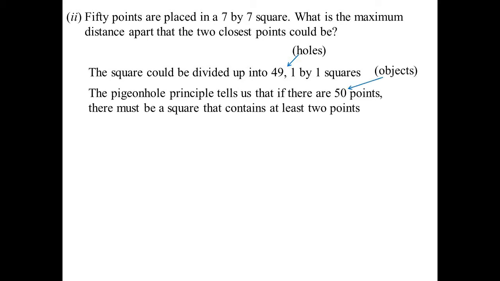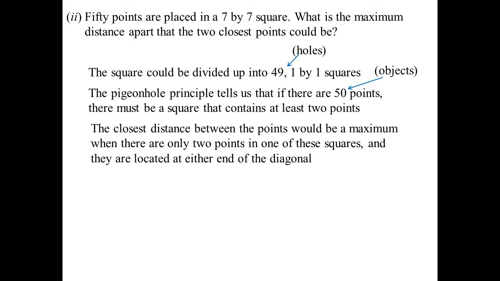We've got 50 points, and the pigeonhole principle tells us that there must be a square that contains at least 2 points. Because I could put one in every square, I've got one left over, and it's got to go in one of the holes. So the 2 closest points would be the 2 that are in the same square, and the closest distance between the points would be the maximum.